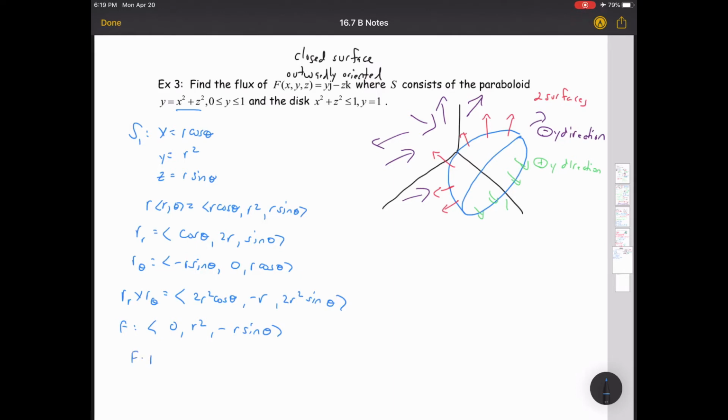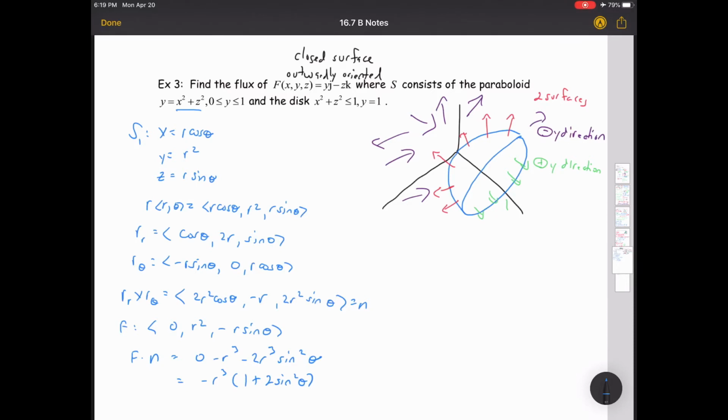So F dot n, remember this is n, is going to be 0 minus r cubed minus 2r cubed sine squared theta. Yeah, that looks right. So it looks like I can factor a negative r cubed out of that. So we're going to get negative r cubed times 1 plus 2 sine squared theta. All right, that is our F dot n.